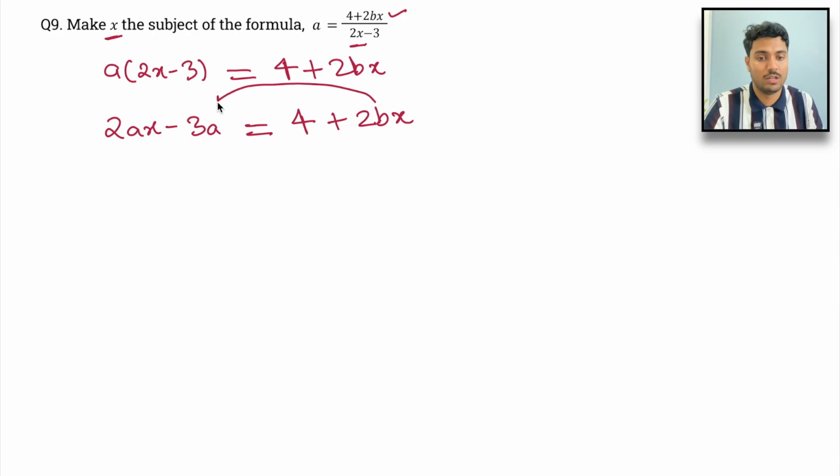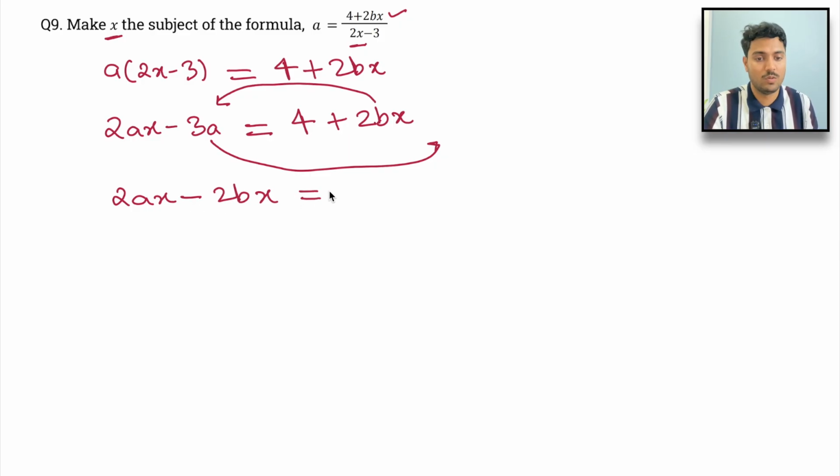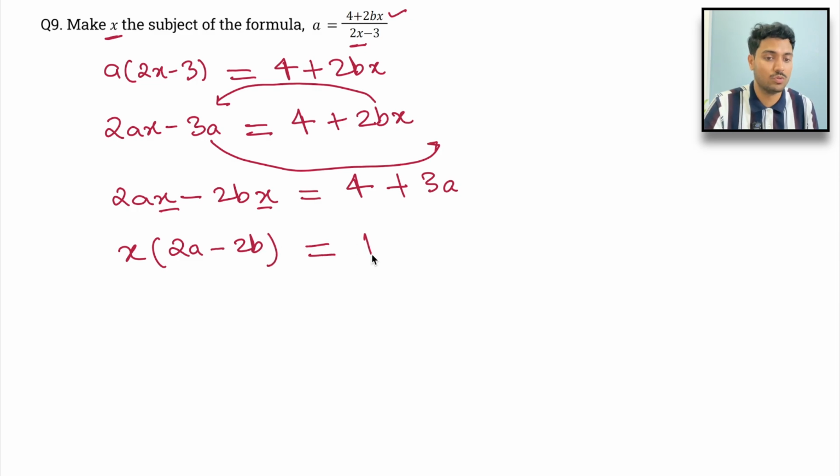Now transpose 2bx to the other side, negative 3a to the other side, so the sign will change. So 2ax minus 2bx is equals to 4 plus 3a. Now in the LHS, from first and second term we can clearly see x is common, so we can take x common and we can write 2a minus 2b remaining, which is equals to 4 plus 3a.